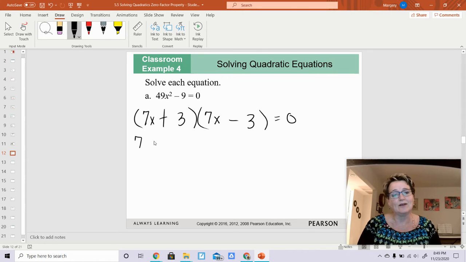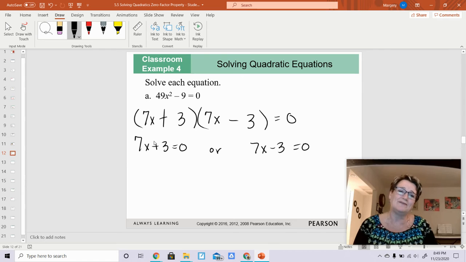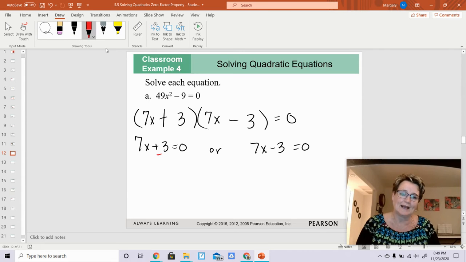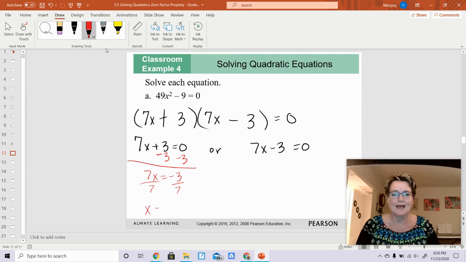Now, again, though, you do have to set them both equal to 0: 7x plus 3 equals 0, or 7x minus 3 equals 0. And your goal is to find out what x is. So I've got to get x by itself, so I'm going to subtract 3. I get 7x equals negative 3. Divide both sides by 7. x equals negative 3/7. Or do the same thing over here.